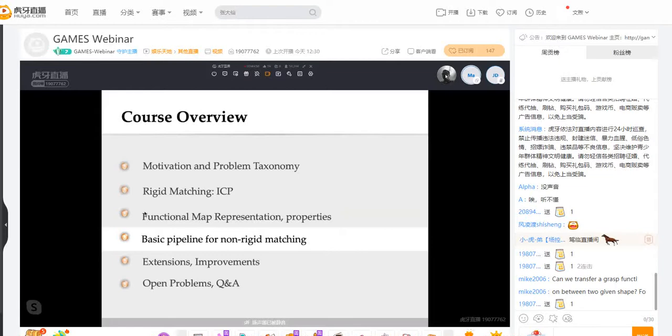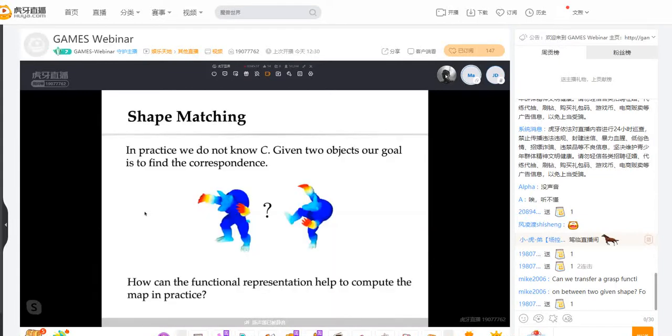But of course, in practice, this doesn't help us because we start with just a pair of shapes, and what we'd like is to find this correspondence. So we need to find a way to do this extraction, to compute a functional map without having the pointwise map first. So the question is, given a pair of shapes, how do I use this representation to actually find the correspondence?